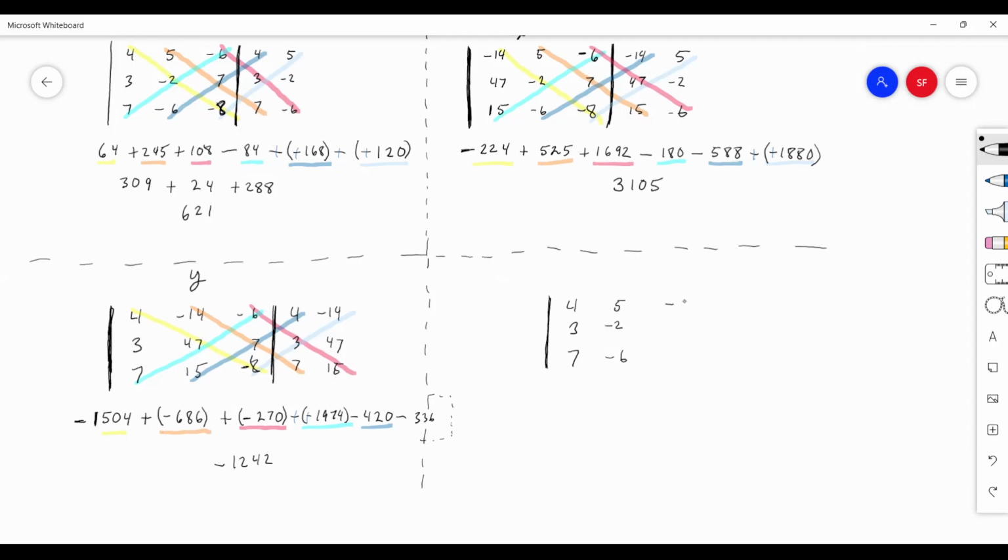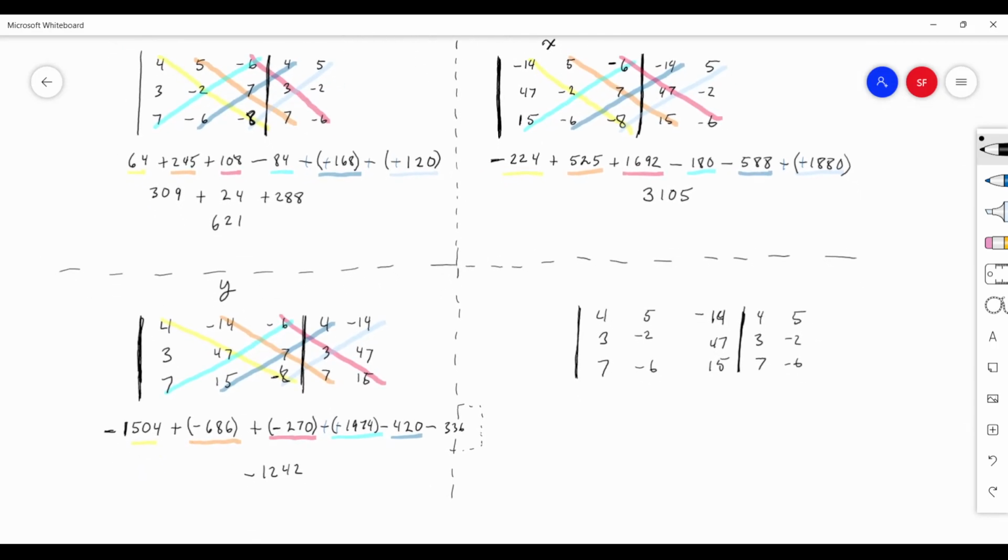I got negative 1,766. Oh, that's a 570. Yes, there it is. I added a number I should have subtracted.